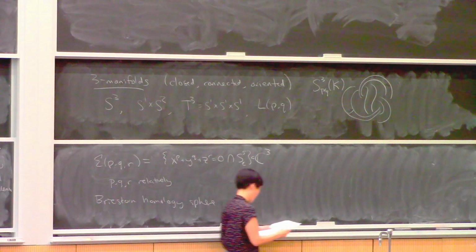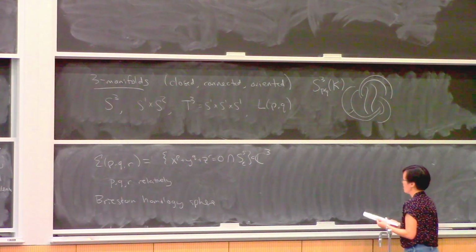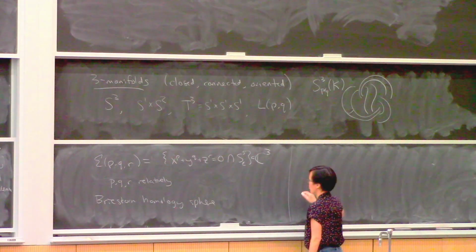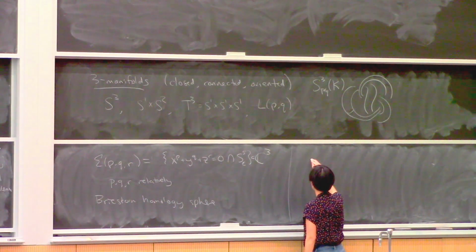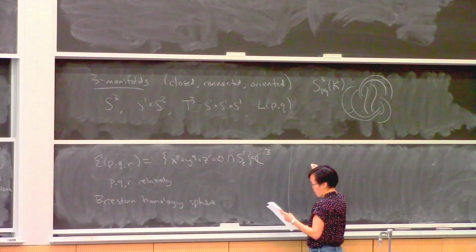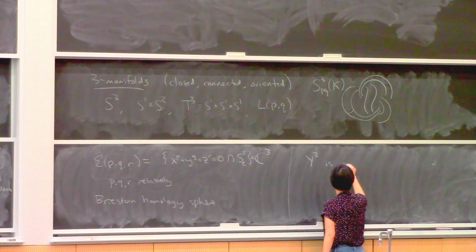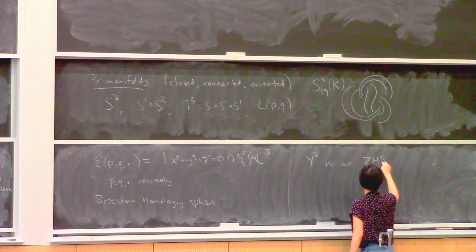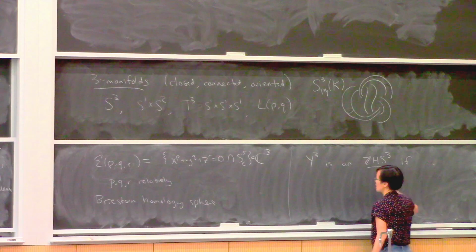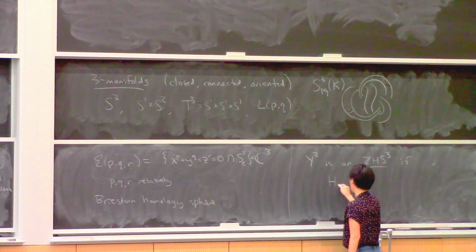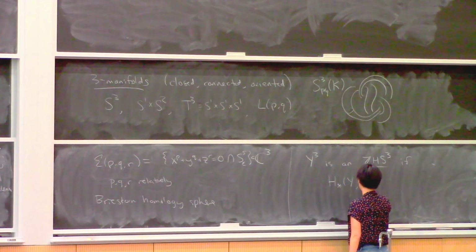So here are lots of 3-manifolds. We're going to just care about integer homology spheres. So a 3-manifold Y is an integer homology sphere if it has the same integer homology as S3.